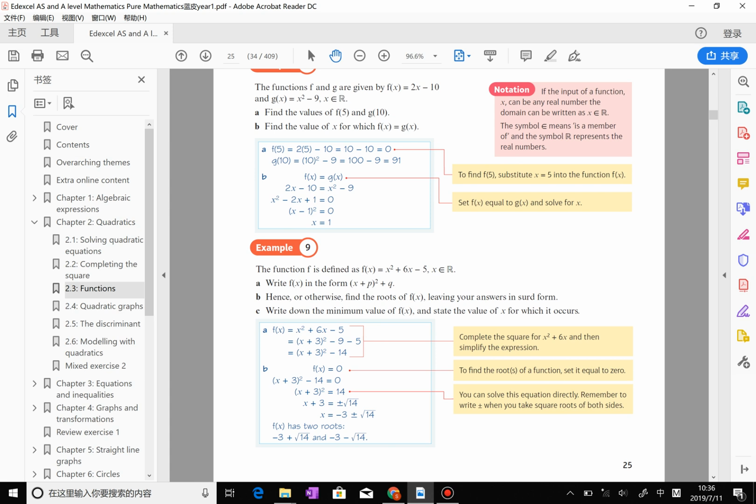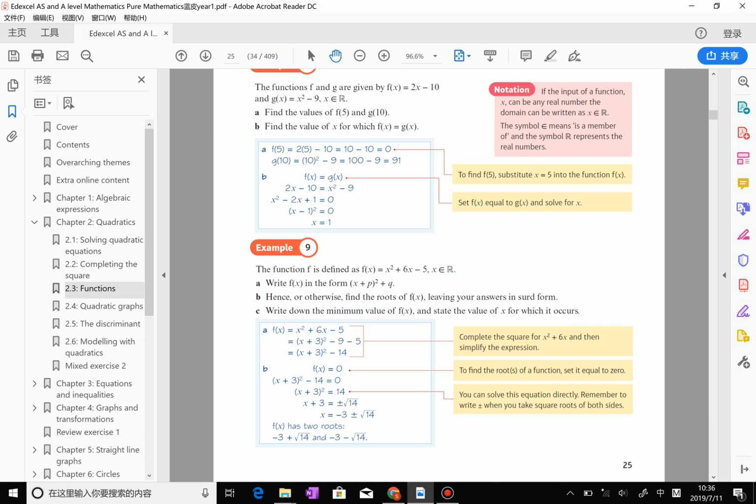So x plus 3 equals positive or negative square root 14. The final answer is x equals negative 3 plus or minus square root 14. So there are 2 roots for the equation f(x): negative 3 plus square root 14, or negative 3 minus square root 14.